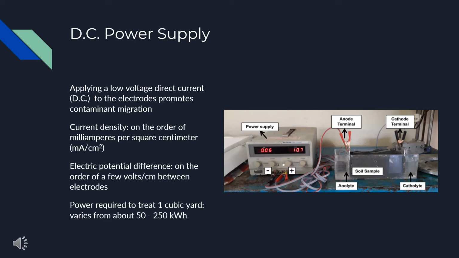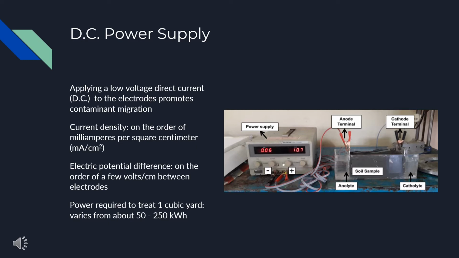A power supply must be used to create the constant low-voltage direct current that is applied between the electrodes. The current density between the electrodes is typically on the order of milliamperes per centimeter squared, meaning there is an electric potential difference between the electrodes of a few volts per centimeter.